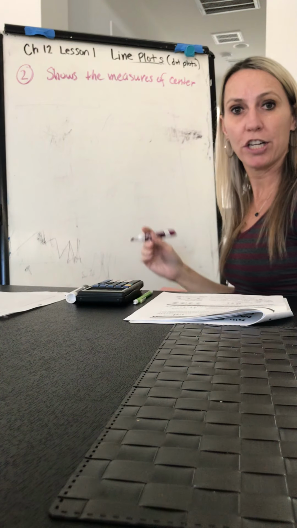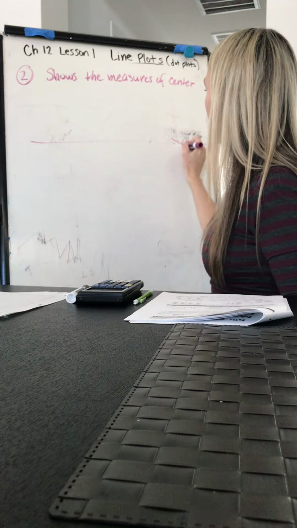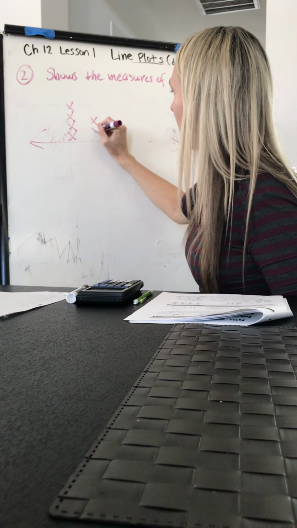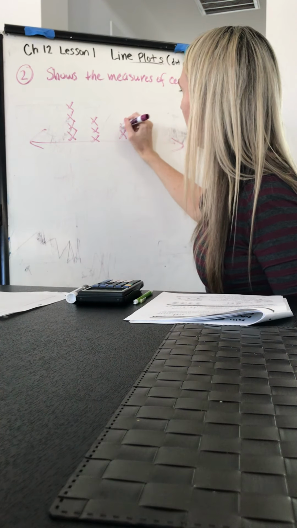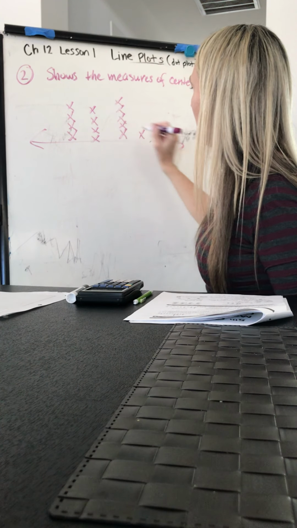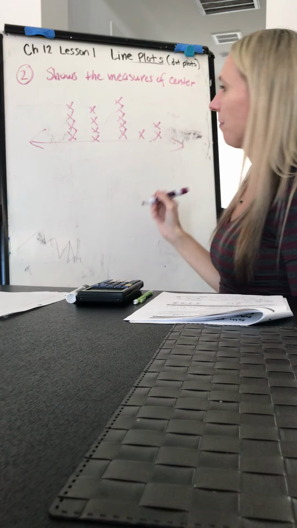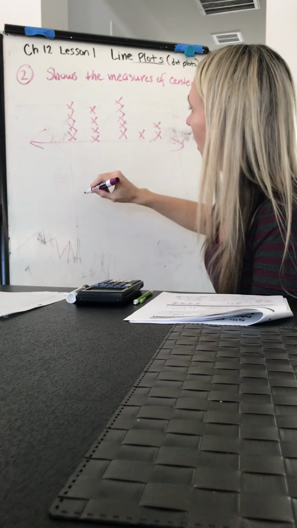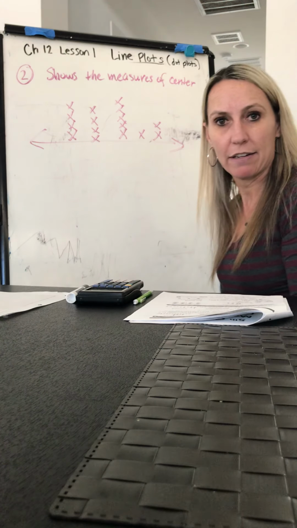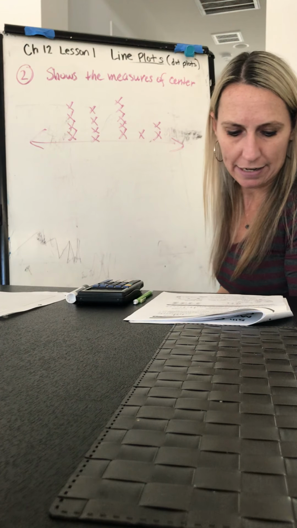So you can kind of look and see, if you have a graph like this, and X is here, X is here, you can see where the measures are. Okay, so it shows the measures of center, kind of your mean, median, and mode. You get a good picture by looking at it.